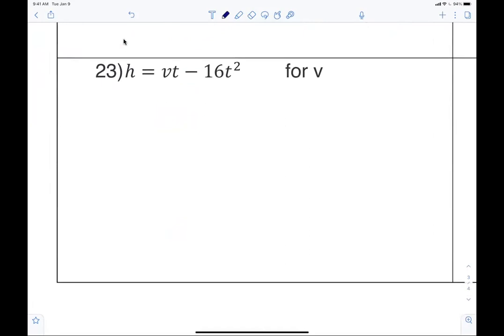All right. Jackson, what do I need to do on 23? Yep, solving for v. Not first. Plus. That's right. What am I adding? 16. You're good, buddy. Add 16t squared, right?